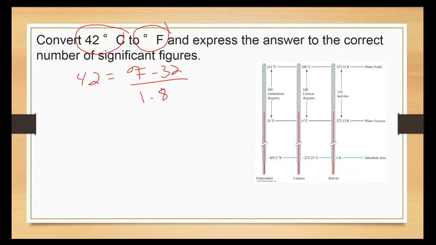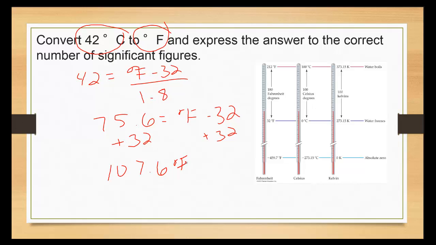So therefore 42 times 1.8 is 75.6. Now to get degrees Fahrenheit by itself, I'm going to add 32 to both sides. And that comes out to be 107.6 degrees Fahrenheit.